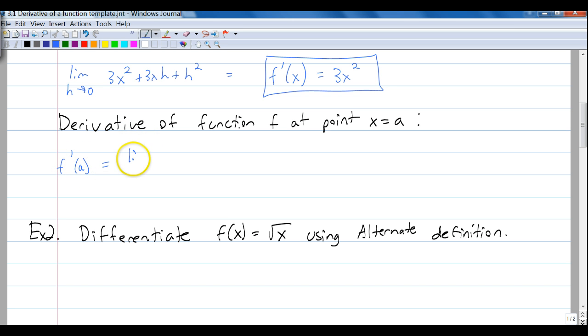It's equal to the limit as x approaches that point a, so not 0, and then it's the slope formula. So it's f of x, the function, minus the function at a, over x minus a. So it's very similar to the slope formula, except the reason why we can use this is that, again, it's the limit as x is approaching a, so they're almost becoming the same point. Again, provided the limit exists.